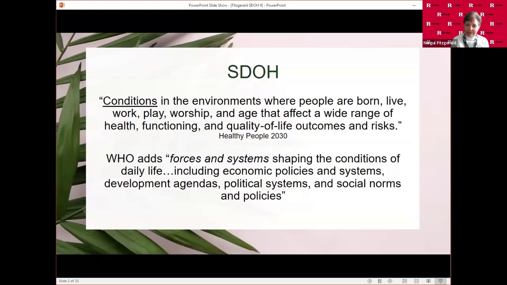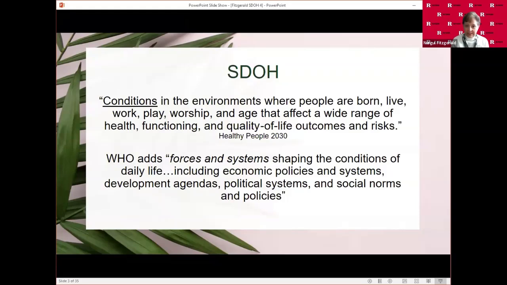There's another definition used by the World Health Organization, though, and it adds another element to the existing definition. That element is more upstream, and they call it forces and systems shaping the conditions of daily life.